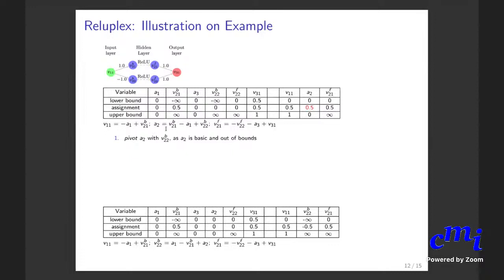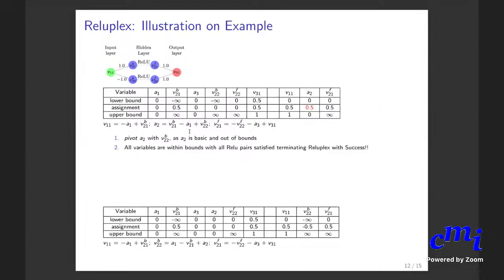It says A2 is also violated because if it is 0.5, A2 is defining, so V22B will have to be set to... why does A2 go out of bound?